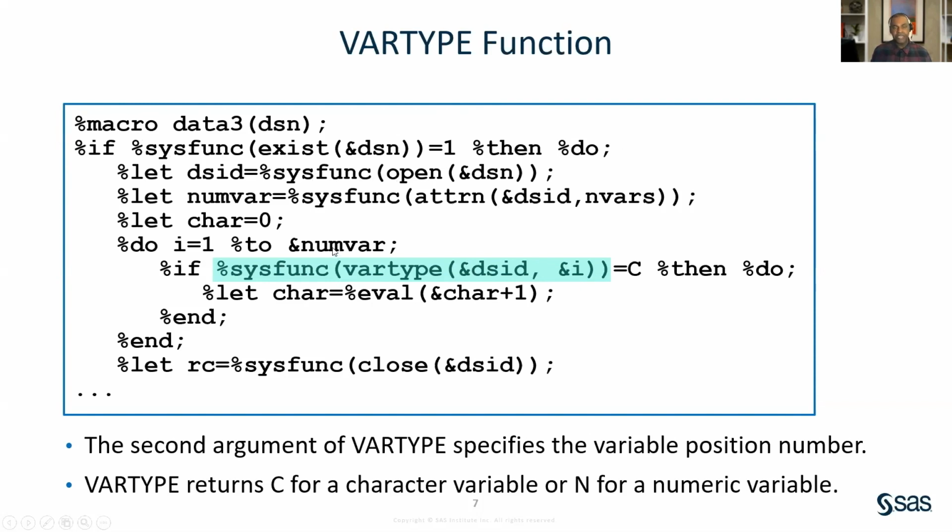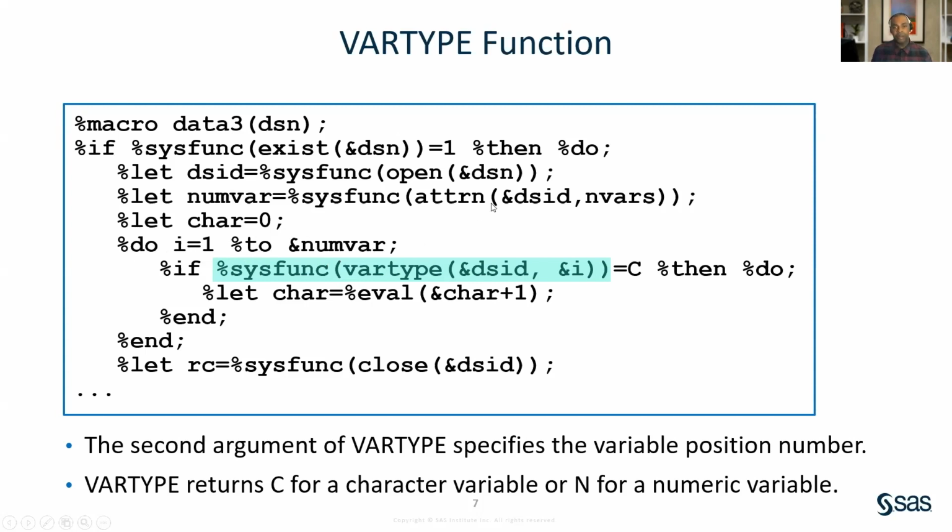But what's different this time is I want to count the number of character variables. So I make up a variable called char, make it equal to 0. The purpose is to use it to accumulate the number of character variables. I do a %do i equals 1 %to &numvar.